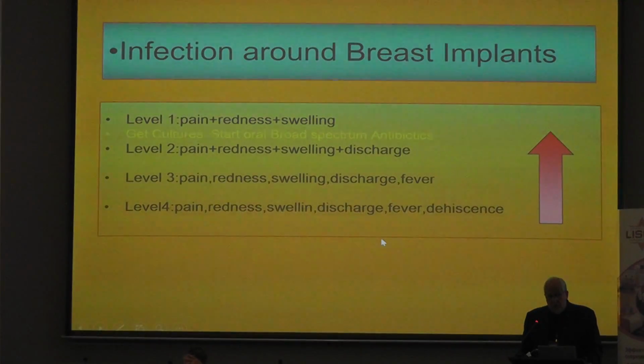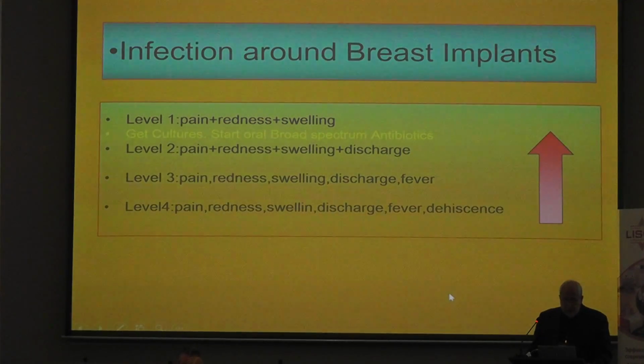You never treat a patient before you get a culture. And getting a culture means that you have to stick the pocket, not the implant, get fluid out, and do it under ultrasound if necessary, before you start the patient on antibiotics.